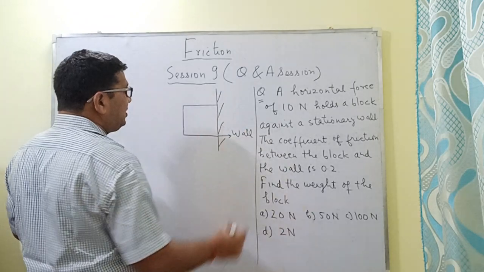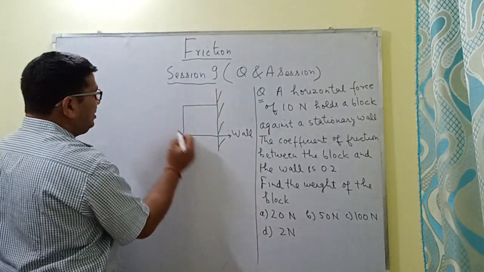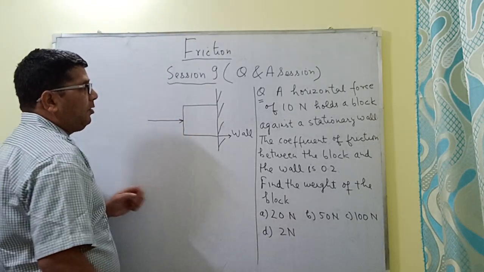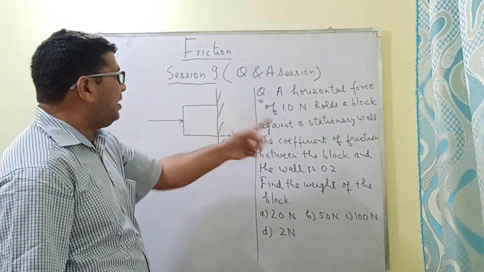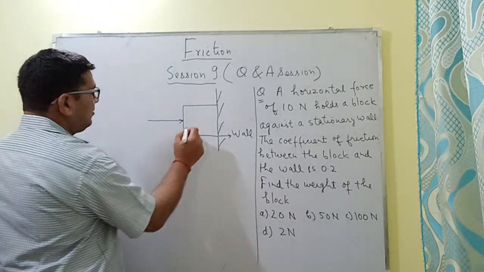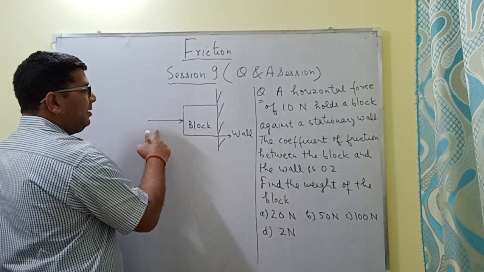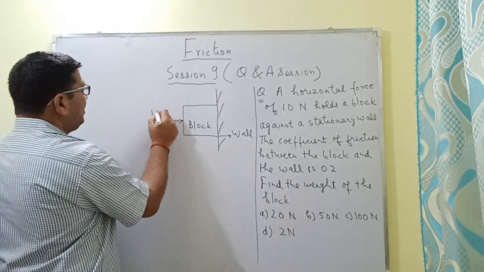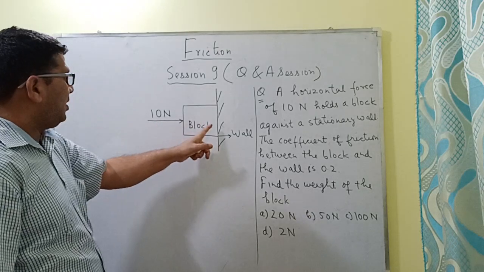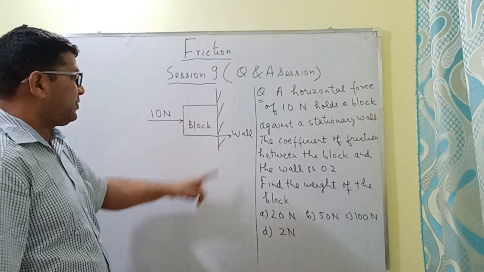The horizontal force will be like this. A horizontal force of 10 Newton is applied on this block so that the block is held stationary.